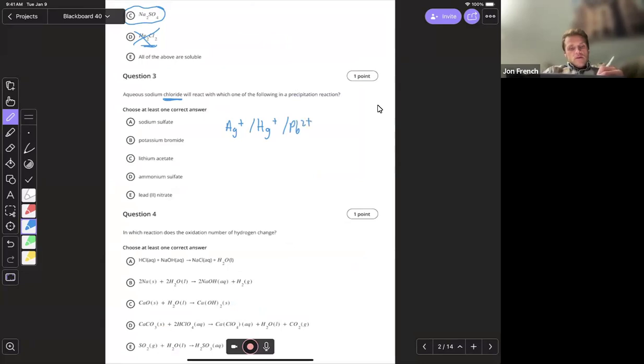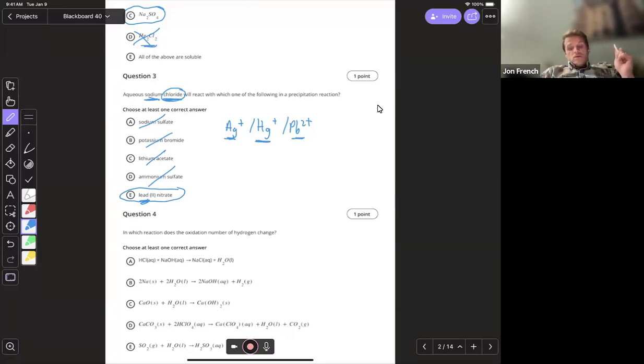Sodium sulfate, no. Potassium bromide, no. Lithium acetate, no. Ammonium sulfate, no. We've got lead nitrate there. So yes, I could precipitate lead chloride in this example because we know only these three things would force the precipitation of a chloride from solution. All group 1 metals are always soluble, so there's nothing we could add to precipitate sodium. Sodium won't react with anything. Chloride, however, could react with silver, mercury, or lead.